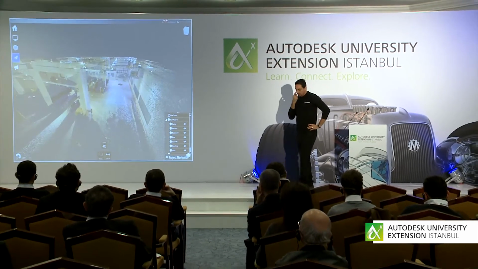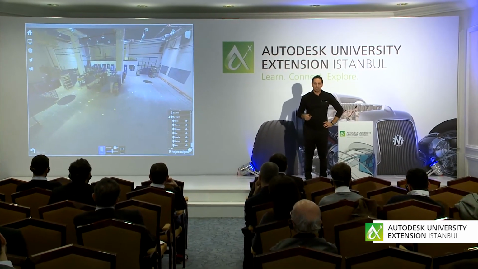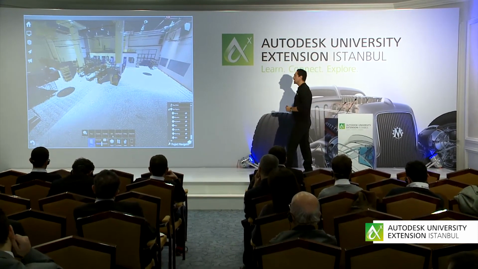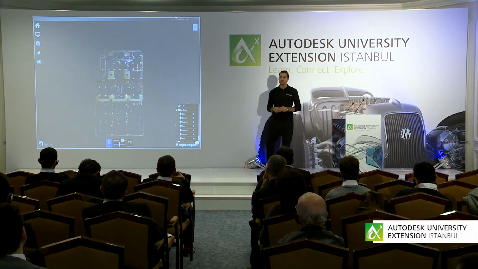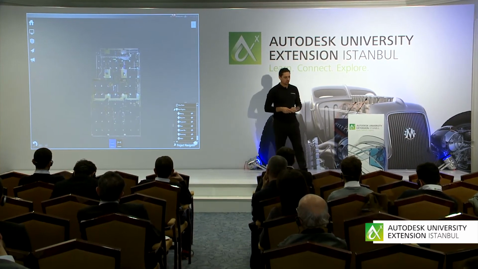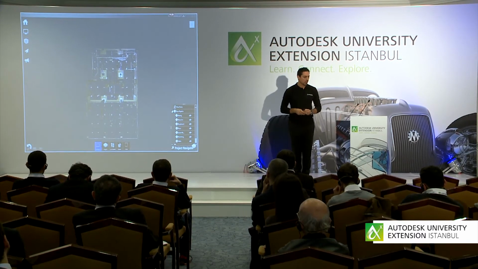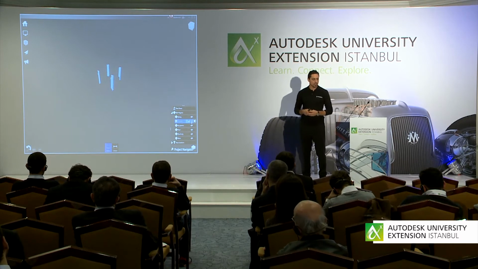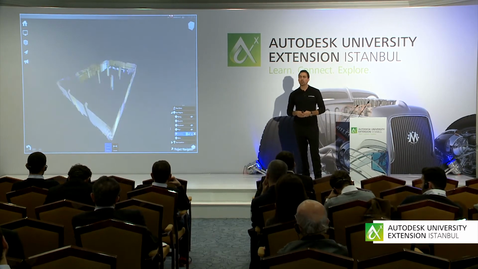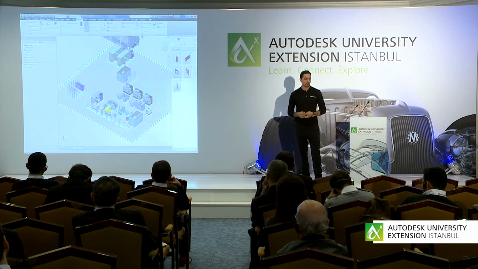So this is ReCap. This is taken in an existing factory. A lot of point clouds, and it's very light data. We can handle millions and millions of points, so size hasn't been an issue so far as I know. We can bring that in, highlight a few areas, and work off those specific areas.